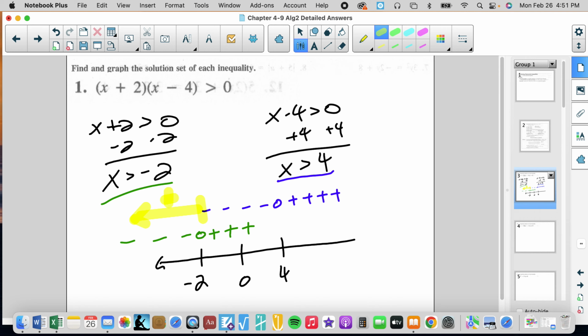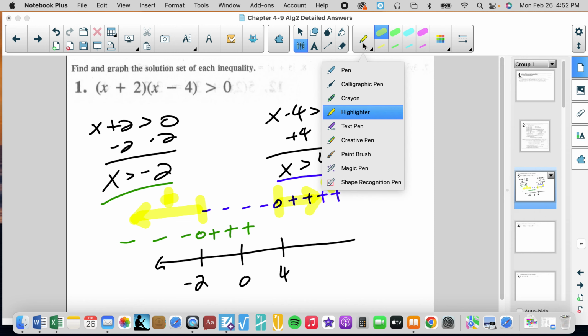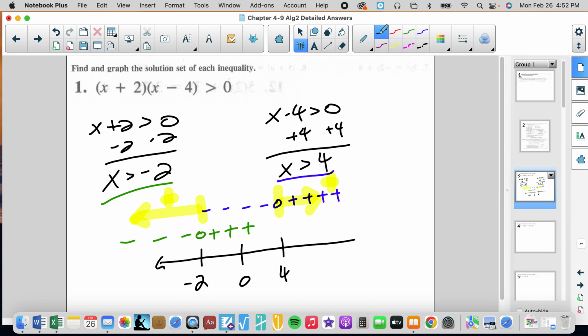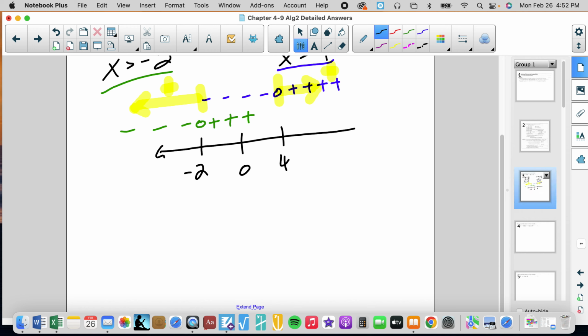And to the right of here, we get positive, positive. So those are going to be my solutions. I'm assuming that my x needs to be less than negative 2 or x is greater than 4. Is that the solution to number 1?